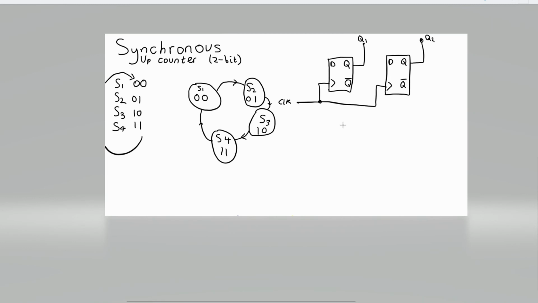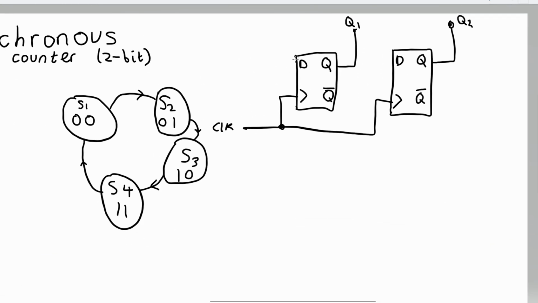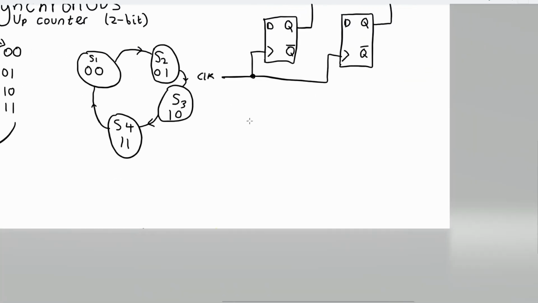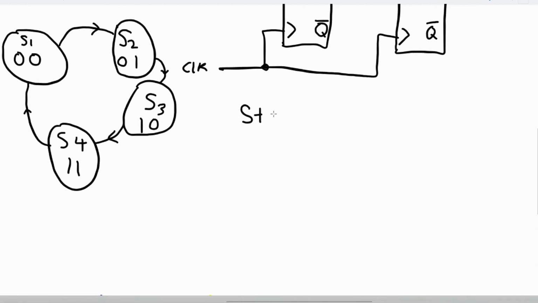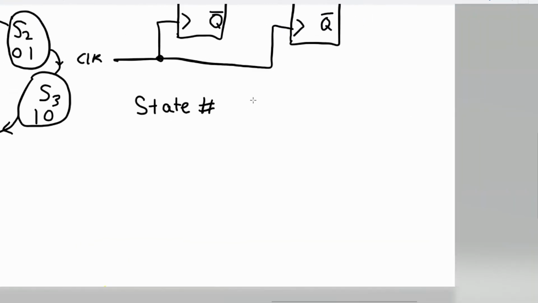So now we have our basic circuit, and you can see we haven't connected anything to D yet. That's because we haven't calculated what we want feeding into D. And the way we do this is to draw a table. So I'm going to draw a table with 3 columns: state number, current state, and next state.